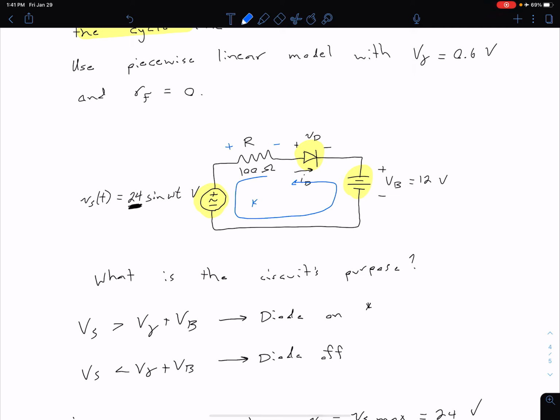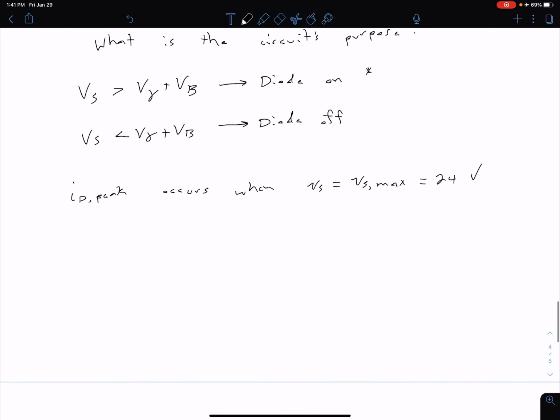So that was a KVL loop. I've substituted V gamma from our piecewise linear model, and I've also just said that this is 24 volts. So let's come down here and put that in terms of an equation.